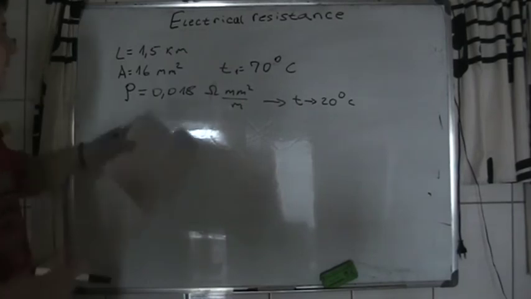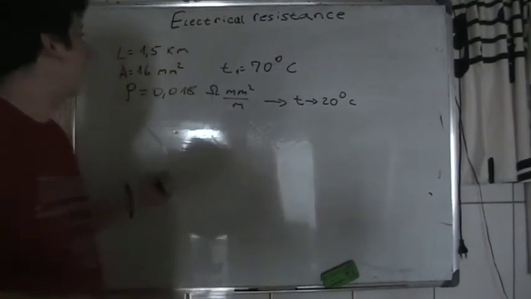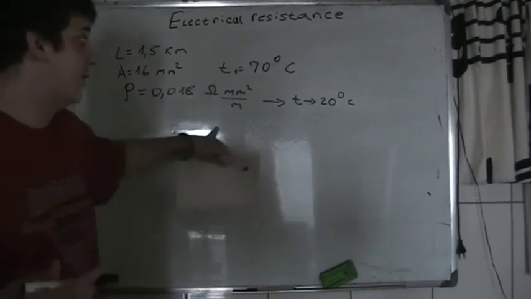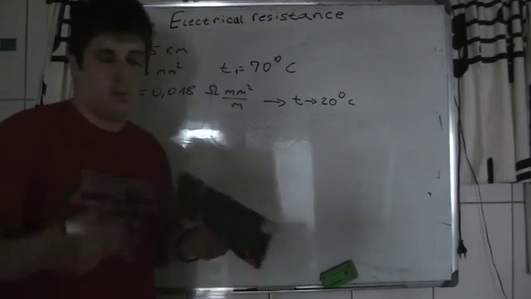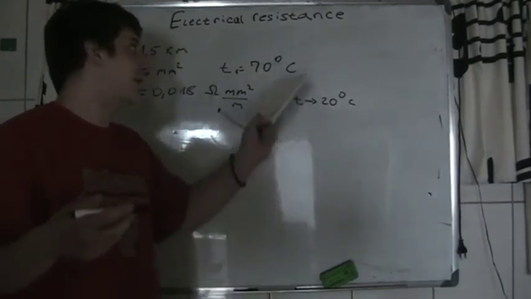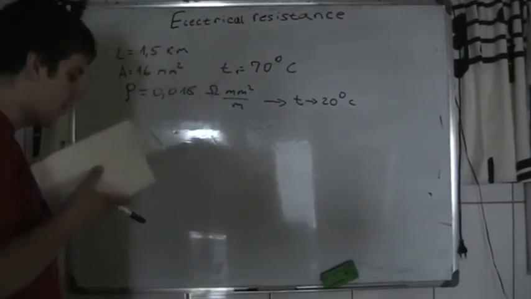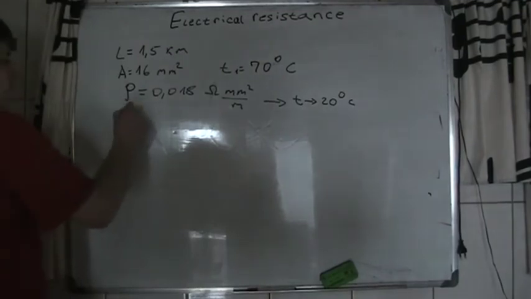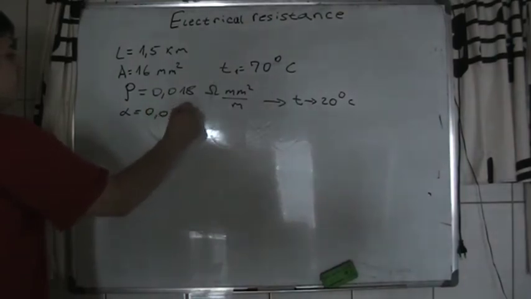So we first calculate the resistance of the copper wire at 20 degrees Celsius, and then we can easily calculate the electrical resistance of the wire at 70 degrees Celsius. Also, the temperature coefficient of the copper wire is alpha equals 0.004.